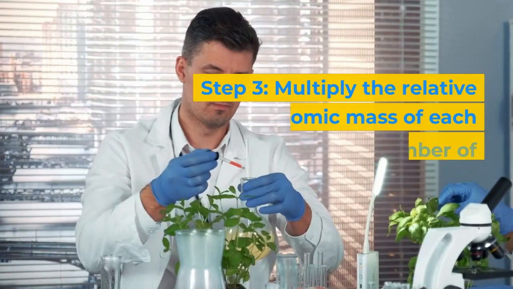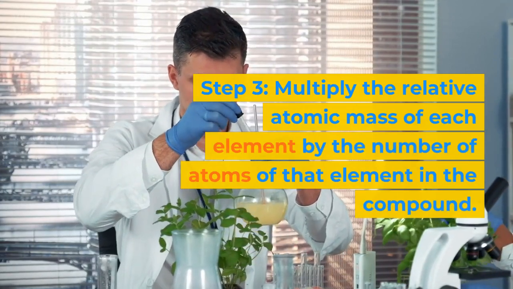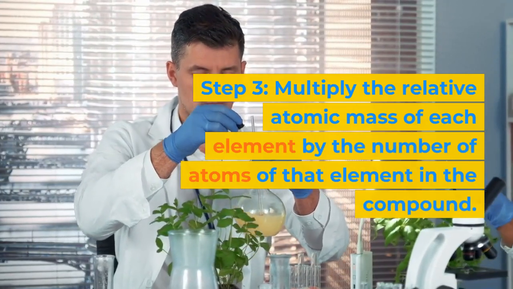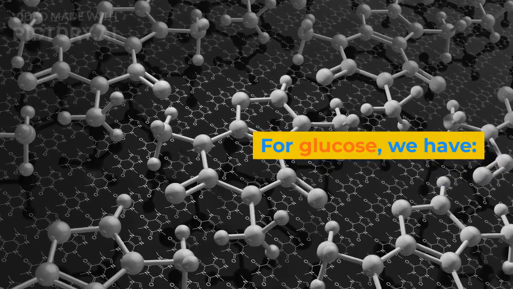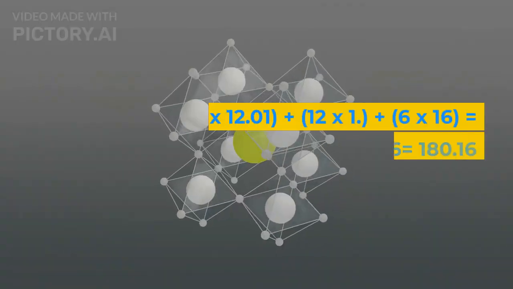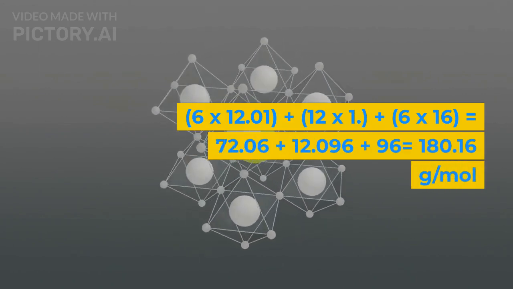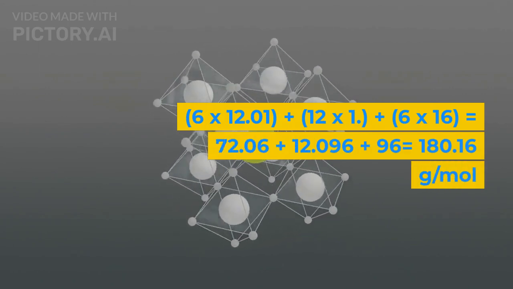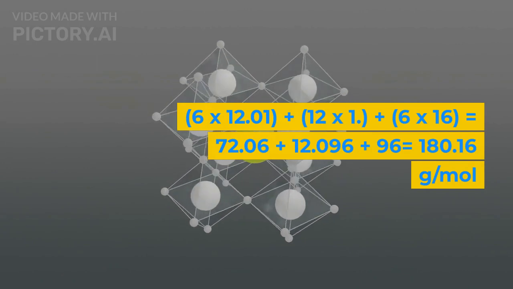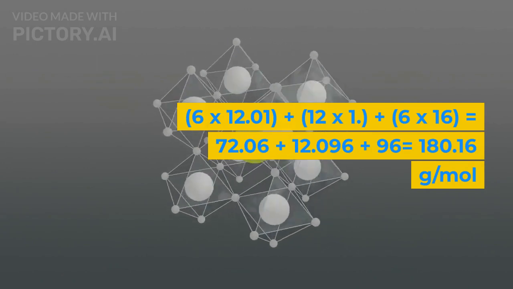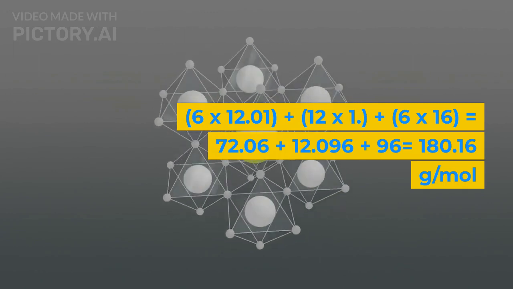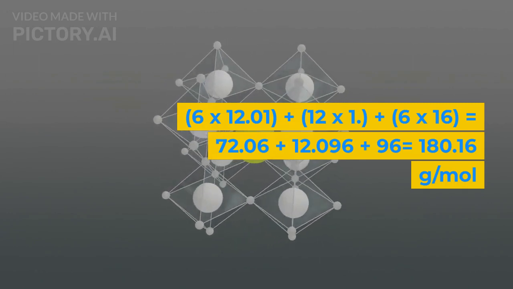Step 3. Multiply the relative atomic mass of each element by the number of atoms of that element in the compound. For glucose, we have 6 × 12.01, plus 12 × 1, plus 6 × 16, equals 72.06 plus 12 plus 96 equals 180.16 grams per mole.